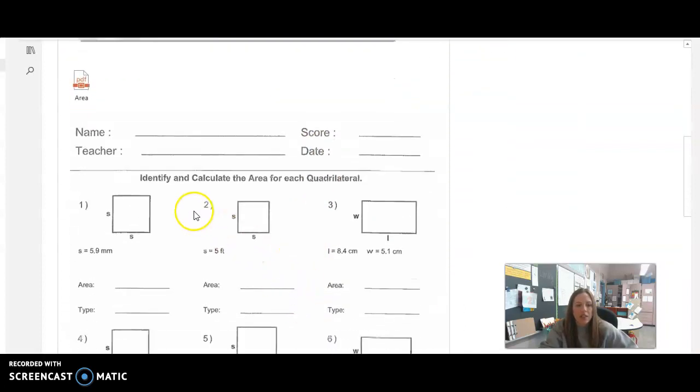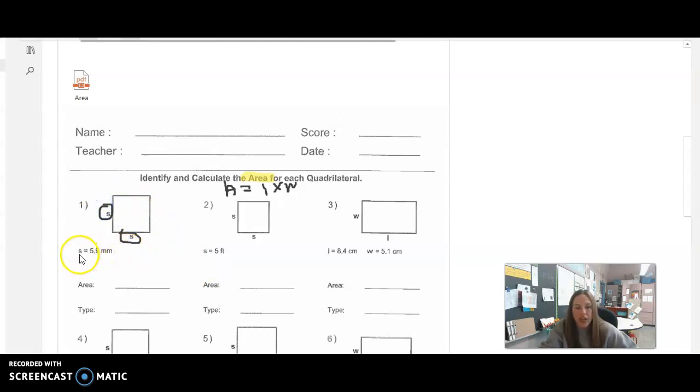Okay, so I want you to highlight what we're looking for, and then I want you to write the formula. A equals L times W. Okay, that just means you take one of the sides and you multiply it by the other.